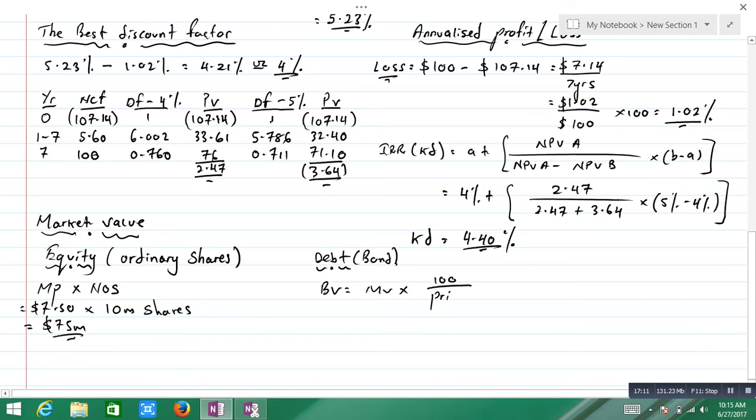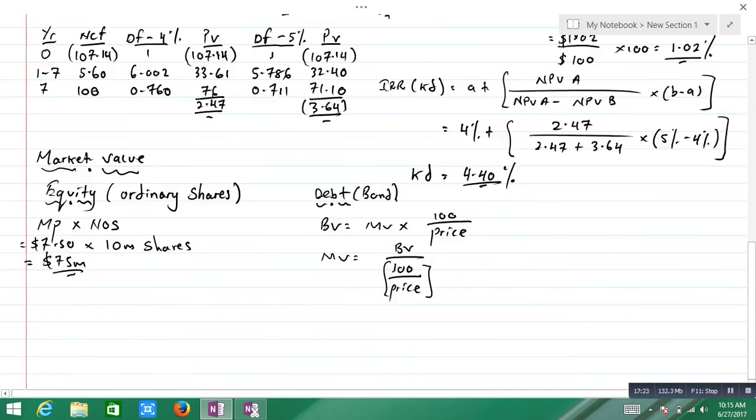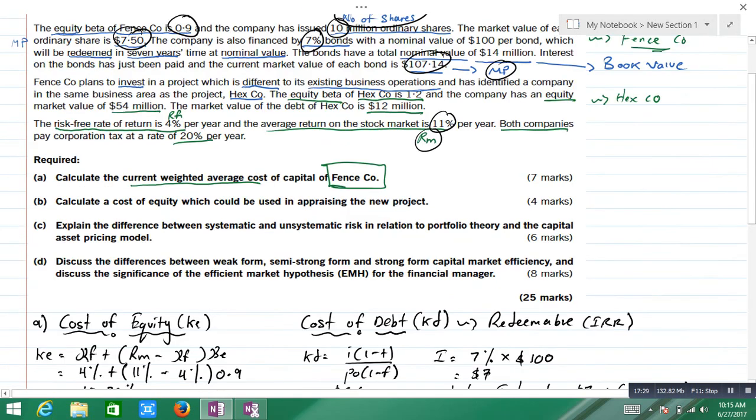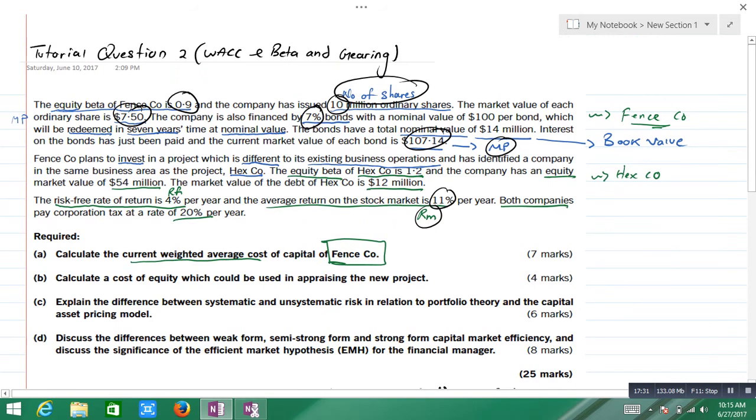Book value is going to be, let's go back to the question. Book value, look at that, it's 14 million over here. So we're going to take that $14,100,000, which is your market price is 107.14.